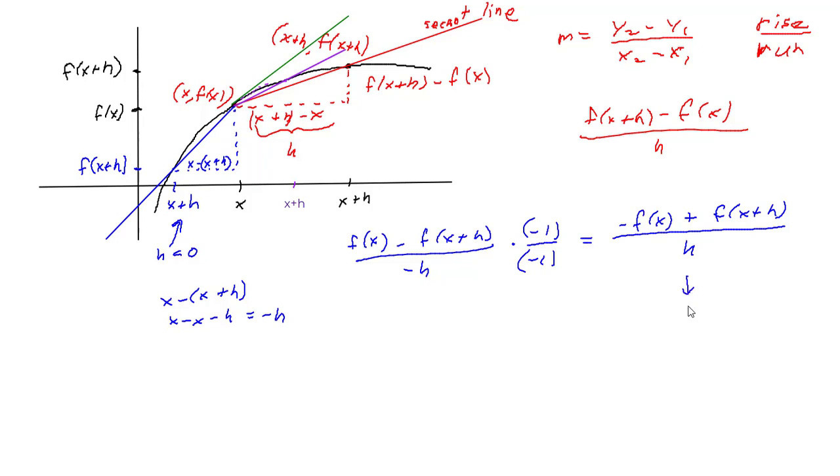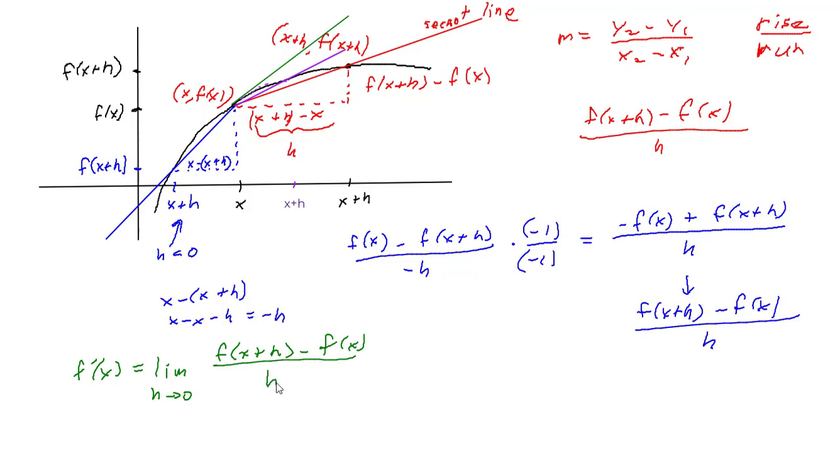So let's just rewrite this again. This would be the same as f of x plus h minus f of x all over h. Both of these expressions represent the slopes of our secant lines. So the derivative is the limit as h approaches 0 of, sometimes we call this the difference quotient, or these are the slopes of your secant lines from either direction.